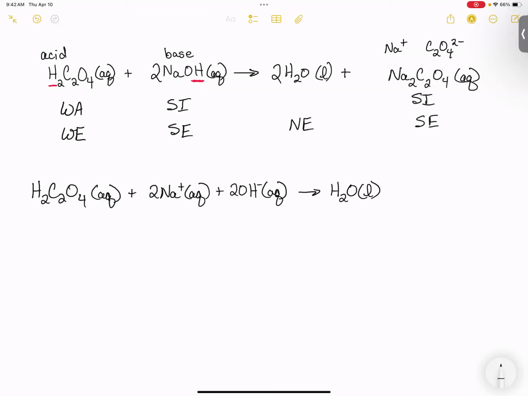And then we have the strong electrolyte of sodium oxalate, which we are going to break into its ions of sodium ion and oxalate ion.